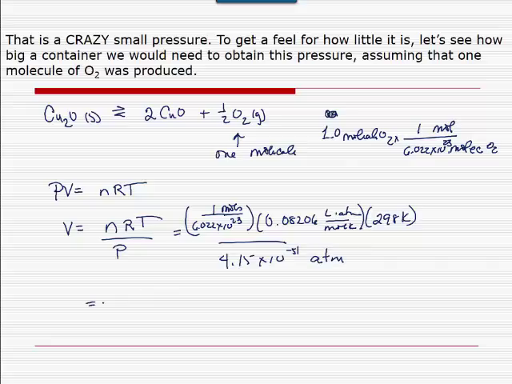This gives me a volume equal to 9.78 times 10 to the 27 liters. Okay, that's crazy big. That's how big it would have to be in order to get one molecule to form and it be at equilibrium. In other words, this reaction is not going to proceed towards products.